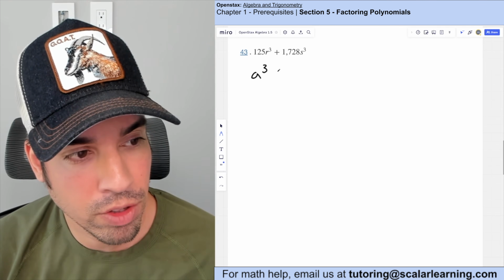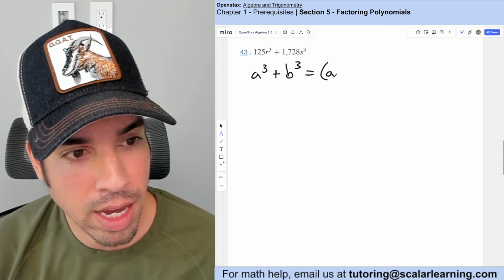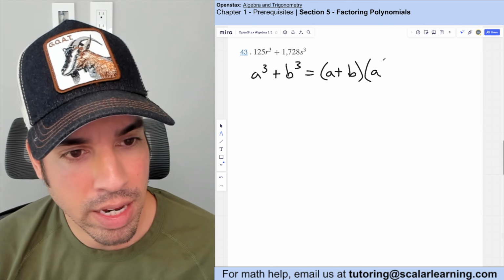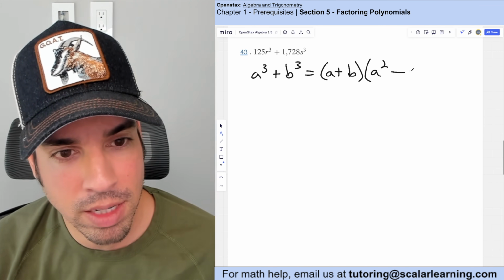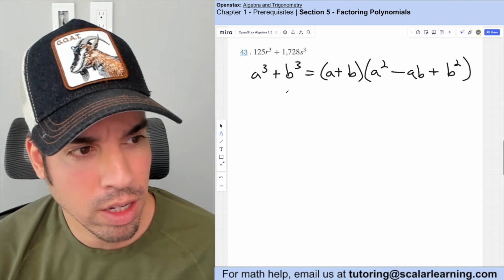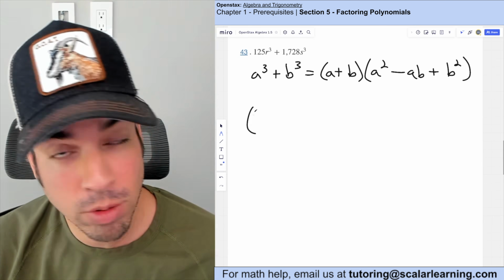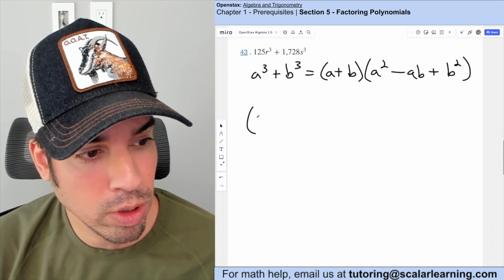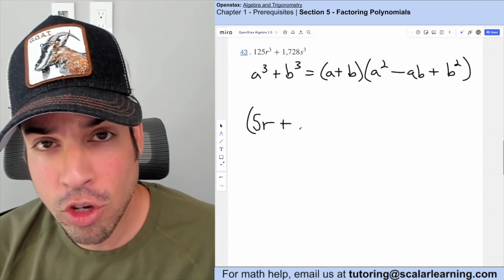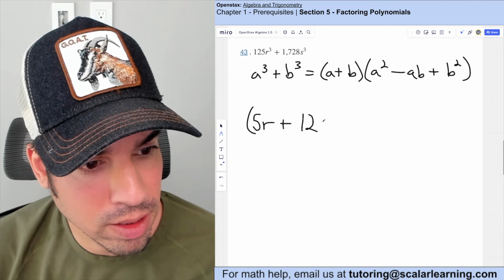Once again, we have a sum of cubes. For a sum of cubes, just as a refresher, it is a plus b, same, times a squared, different, so it's minus ab plus b squared, and we're going to show you how this applies. So again, 125r cubed, that's a perfect cube, as it should be to do a sum of cubes. Cube root of 125 is 5, cube root of r cubed is r, plus the cube root of 1728 is actually 12, cube root of s cubed is s.